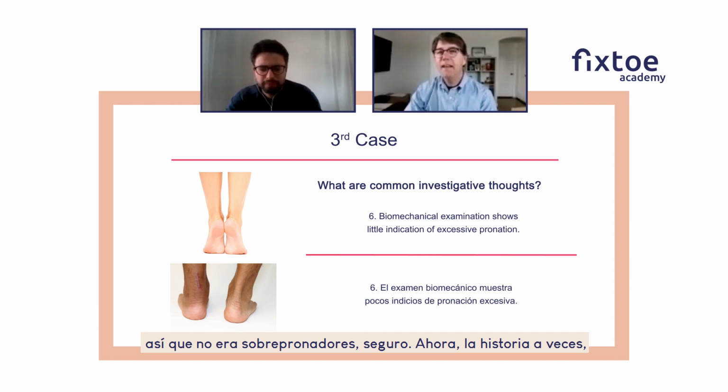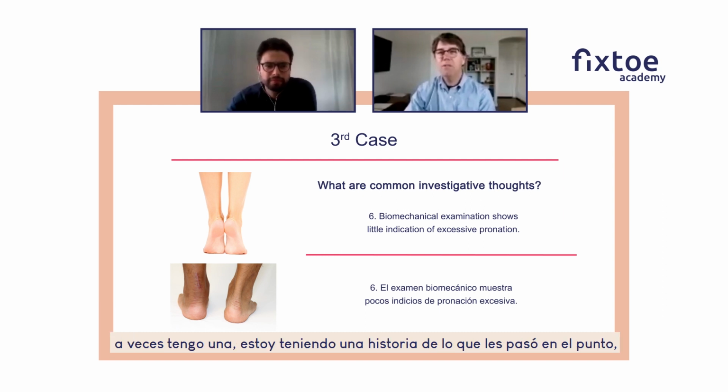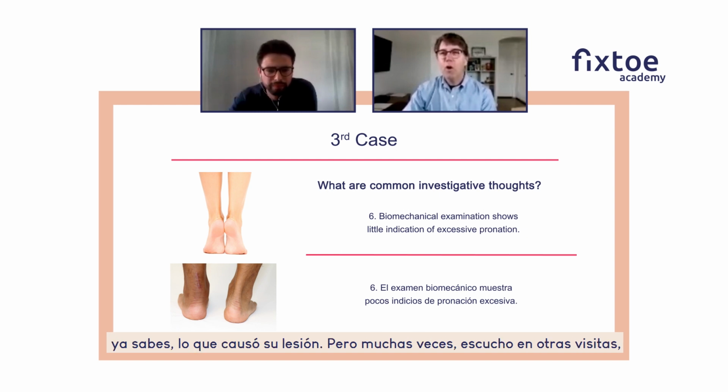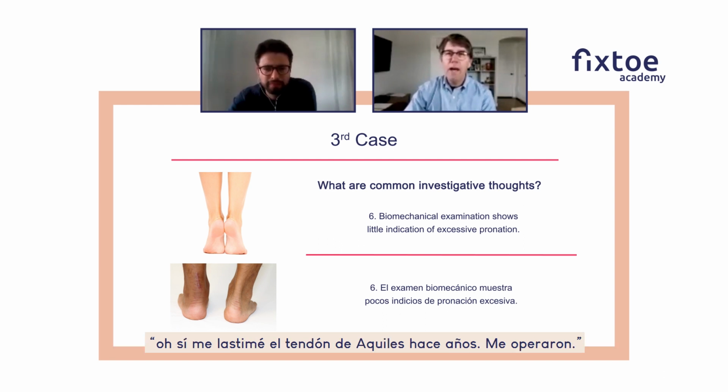Now the history. Sometimes I get a history of what caused their injury, but a lot of times I hear in other visits, oh yeah, I hurt my Achilles tendon years ago.